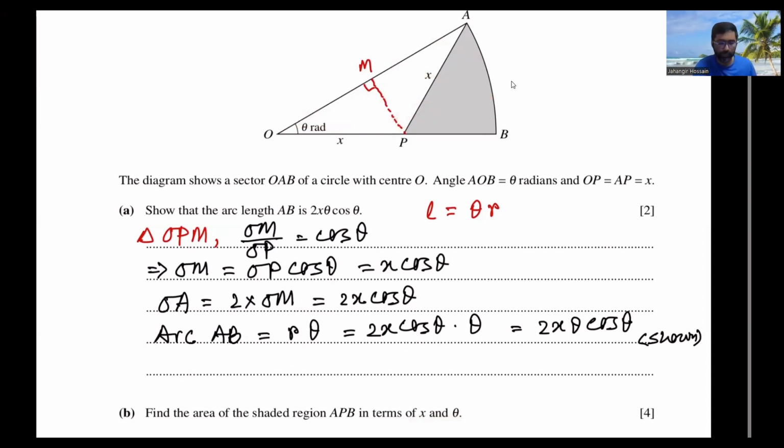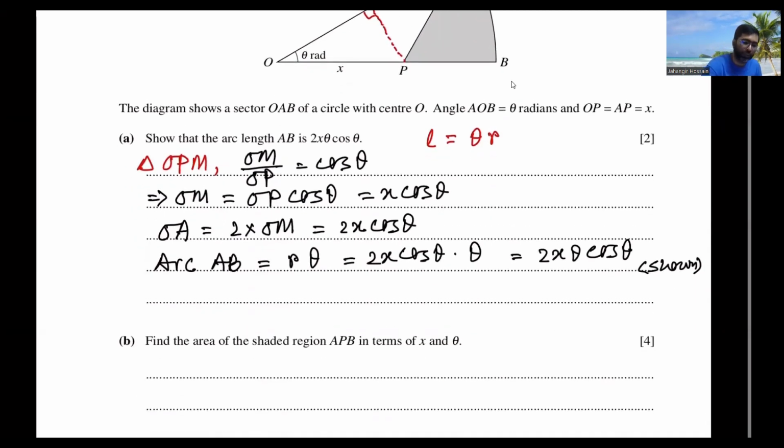So, the area of the shaded region is area of sector minus area of the triangle OAP. To find the area of the sector, remember, area of the sector is half r squared theta.